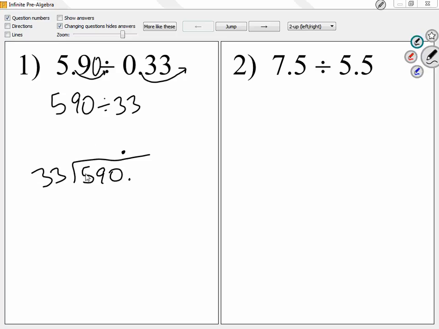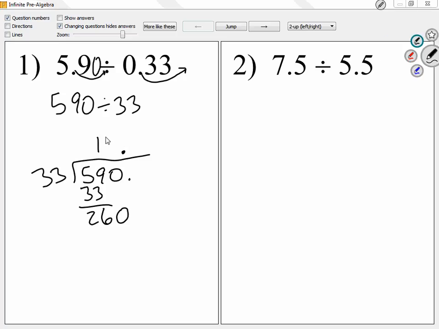So I think of 33 into 59 goes in once, because 33 times 1 is 33. When I subtract this, there's a 6, there's a 2, so I get 26. I bring down the next number, in this case 0. 33 into 260. I'm thinking of how many times does 33 go into 260.